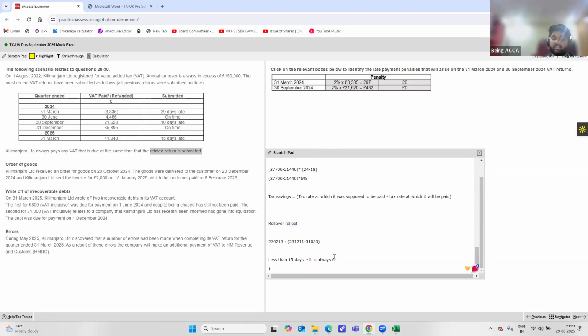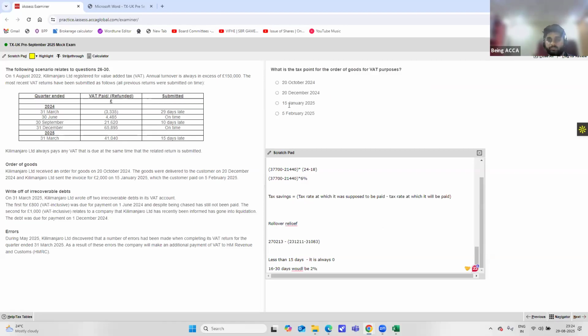Always remember that 16 to 30 days would be 2%. Is this point clear? Any doubts until this point? Yes. So because of that, both these answers will be 0. All right. Now let's move to the next question.